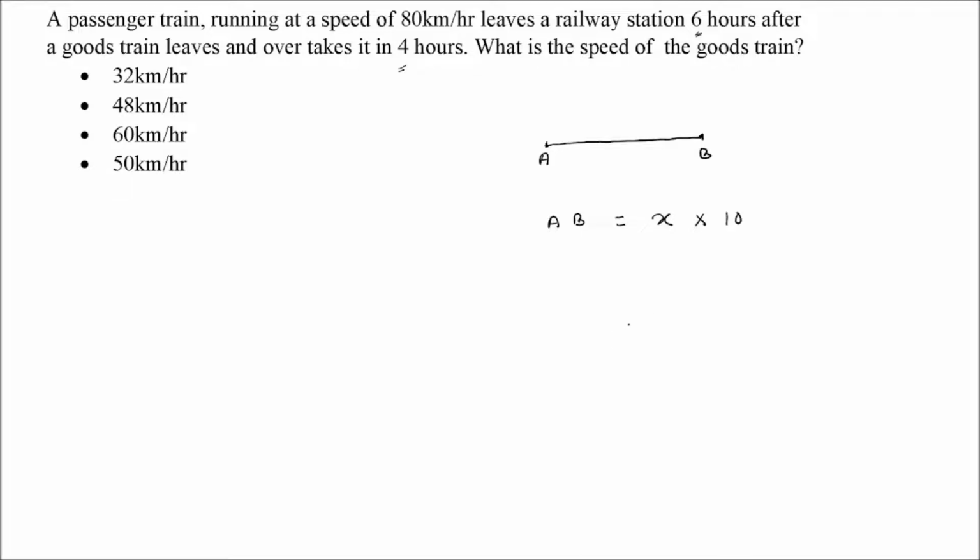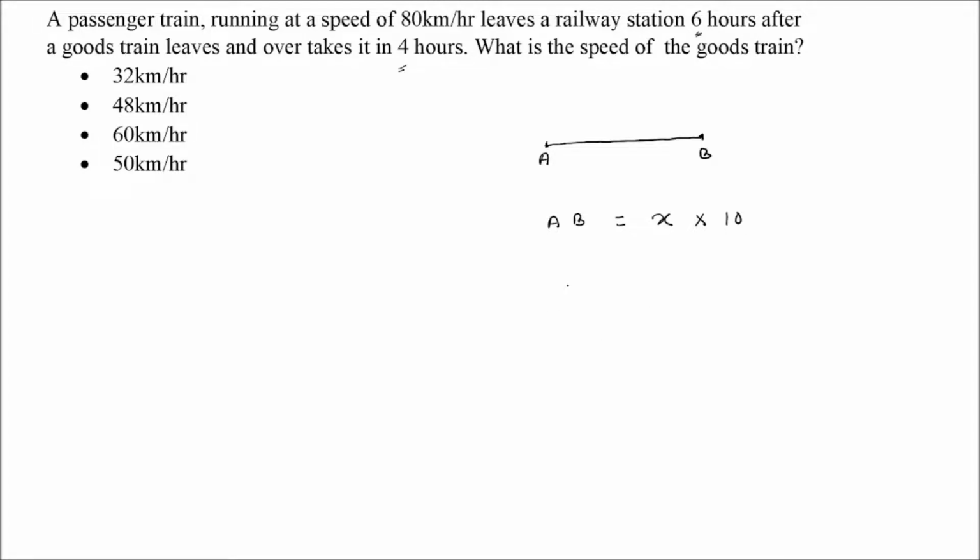We have to understand how the 10 hours time is coming, because here, students, the passenger train is leaving the station after 6 hours and after 4 hours it is overtaking. That means the time taken by the goods train to reach from point A to B will be 6 plus 4, 10 hours.